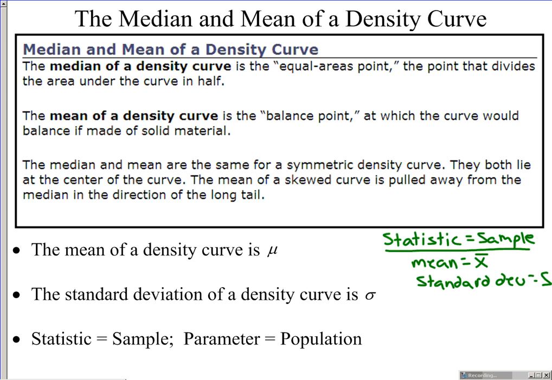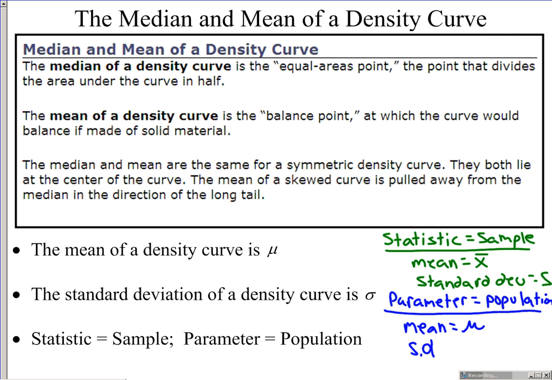Standard deviation is S. A parameter measures a population value. Mean is given by mu. Standard deviation is given by sigma.